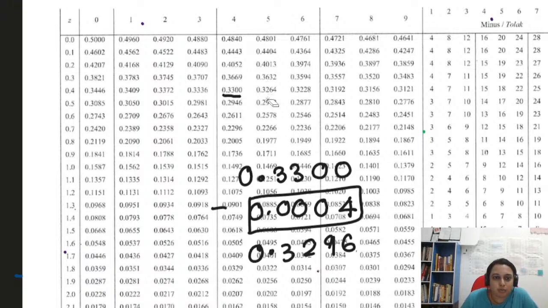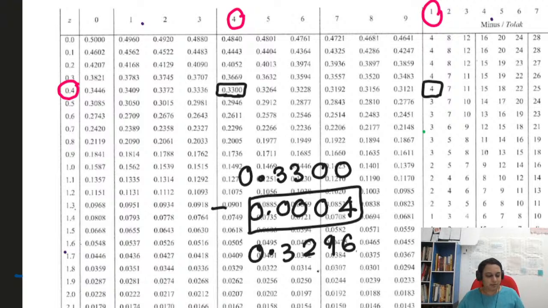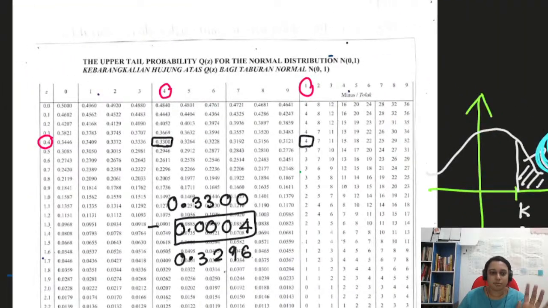So take this one, okay, lepas tu tolak with 4. Take this one. So what were the things we choose? Apa yang kita pilih? 0.441. Nampak kan? 0.441. So we go back to just now our answer. Question 0.441.